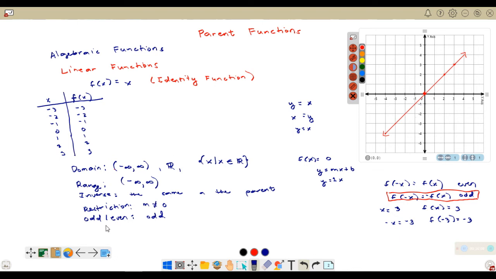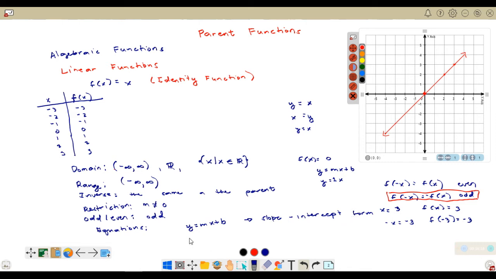Now, let's talk about the important forms of equations when we are talking about linear functions. So, sa linear functions, yung mga importante form ng equation niya, yung lagi natin ginagamit, y is equal to mx plus b. This is the slope-intercept form. Ano pa yung lagi natin ginagamit when dealing with linear functions?